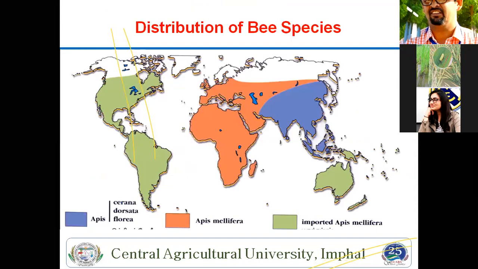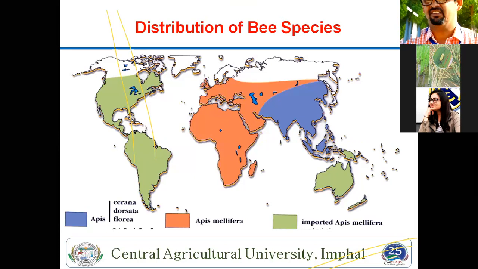Okay, then today's class is about how many species of bee there are. We will start with the bees. I have already told you there are 4 species. If you see the distribution of species, Apis mellifera is an introduced species from European countries.